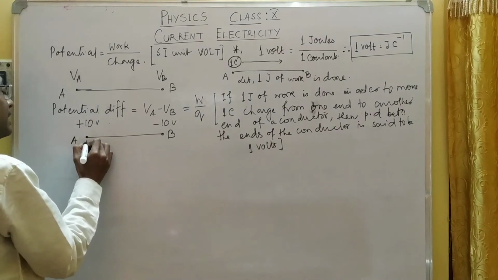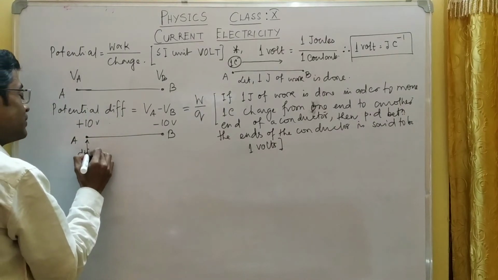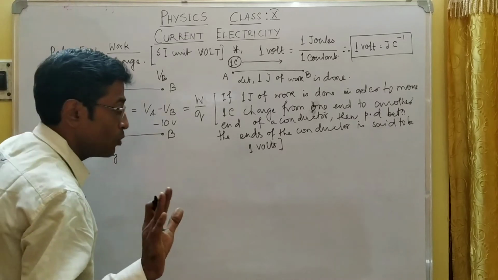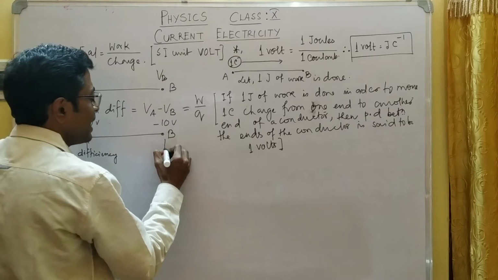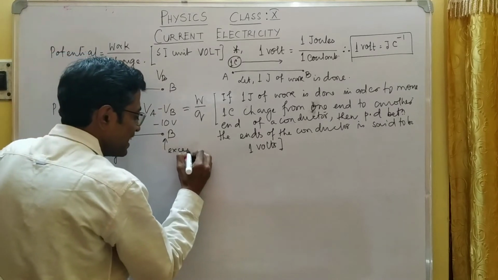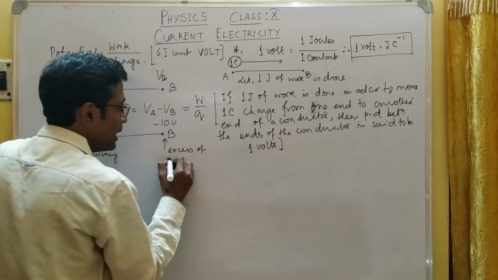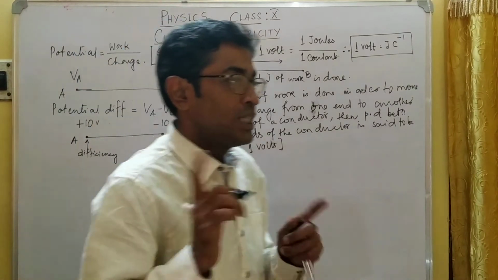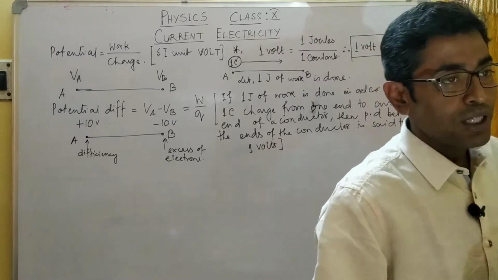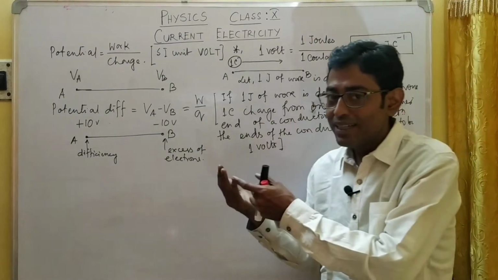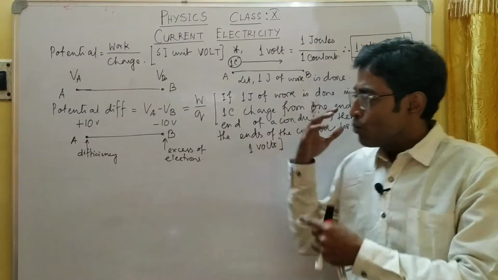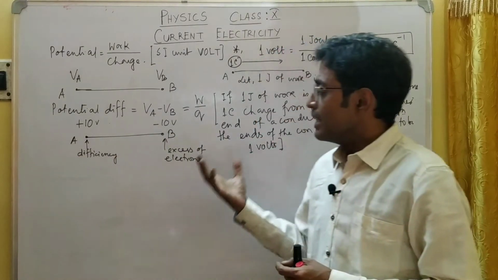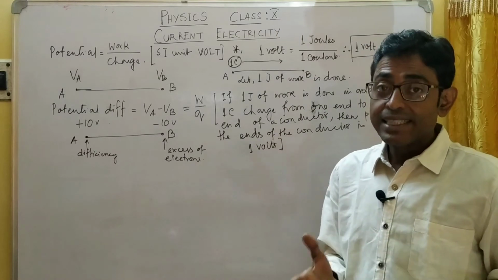Here is a deficiency of a few electrons, I am not telling you how many, and here is an excess of a few electrons. So when I tell you that the potential difference between the two ends of the conductor is plus 10 volt, minus 10 volt, in the plus end there is a deficiency, and in the minus end there is an excess of electrons.